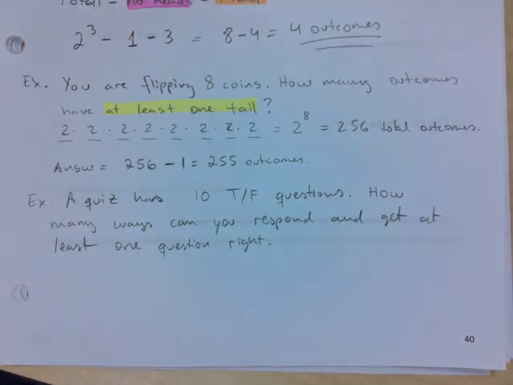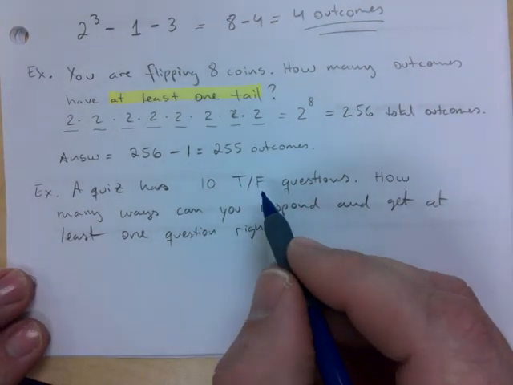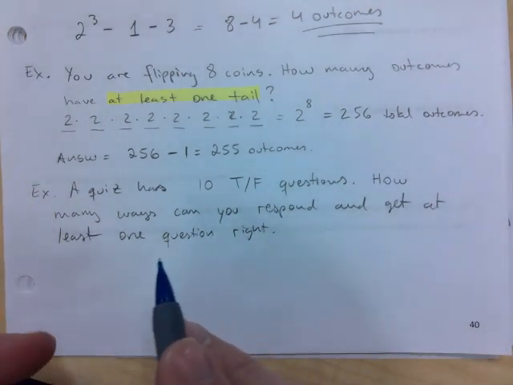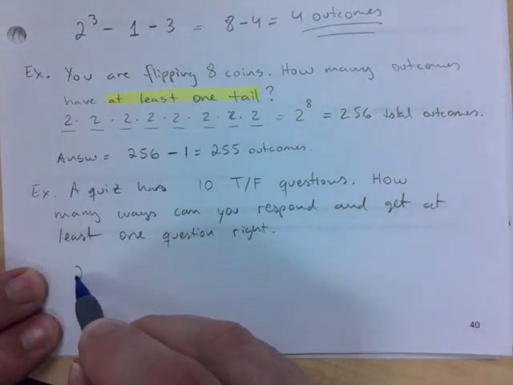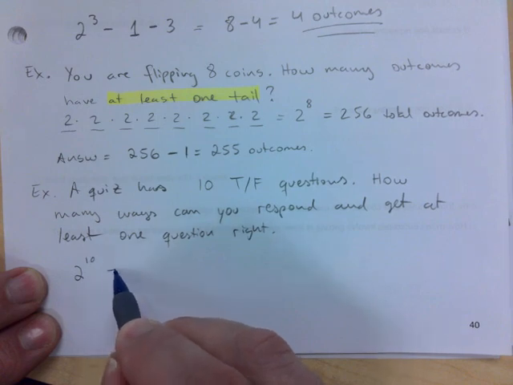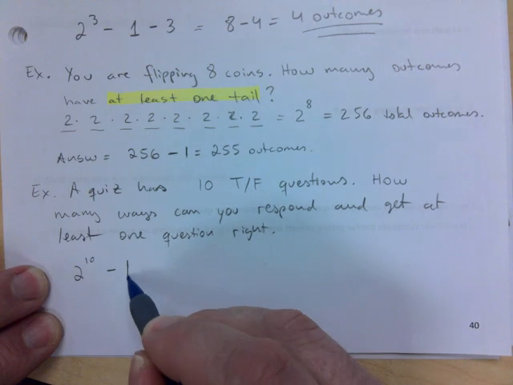And here is the same idea. 10 true false questions. True and false implies two options, just like heads and tails, right? So we would go 2 to the power of 10 minus just 1, that's where you get all wrong.